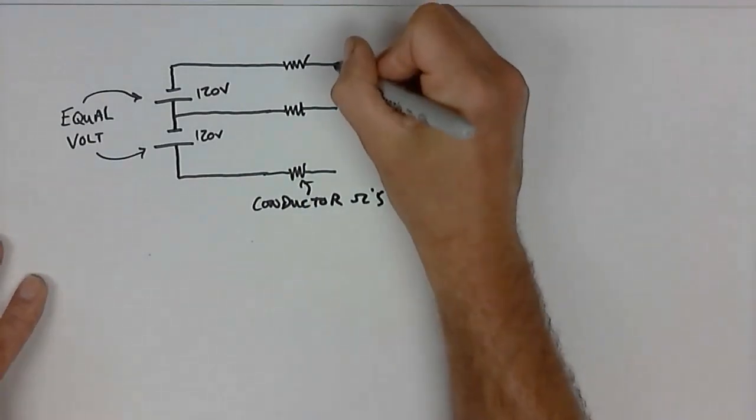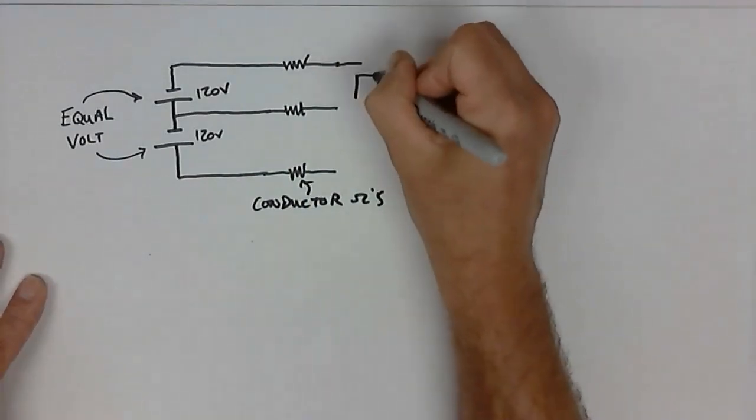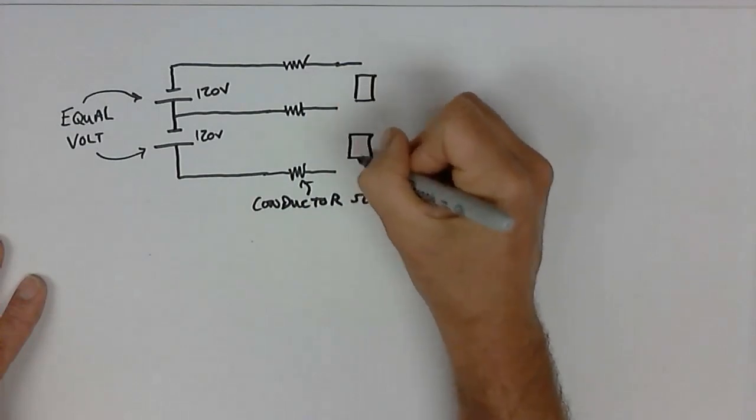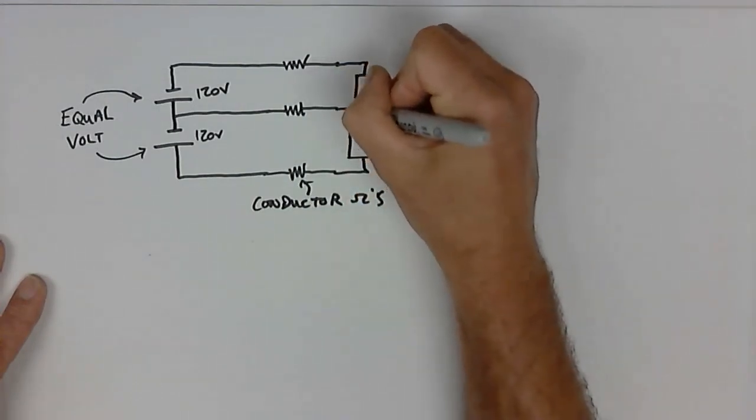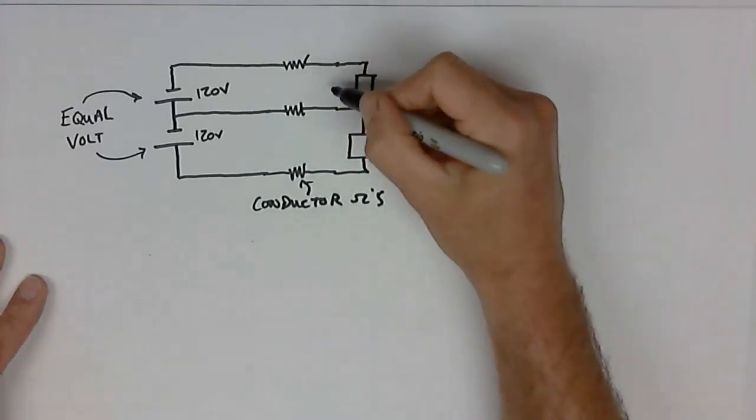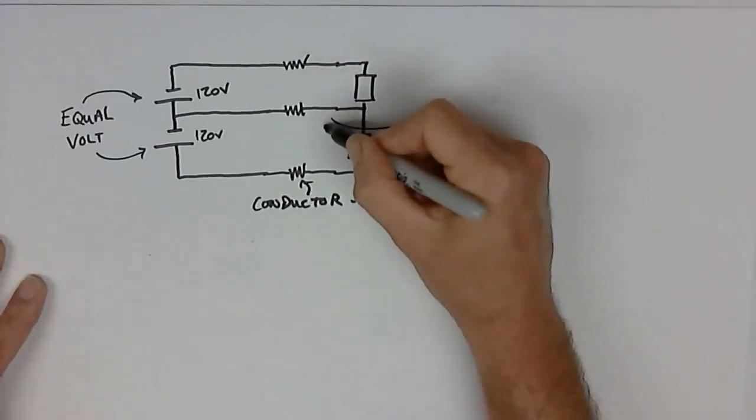And then we have our individual loads. I'm just going to provide 2 loads here. This is my neutral going back.